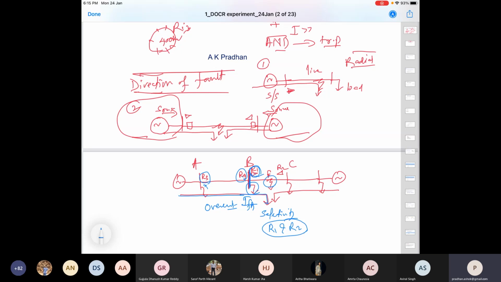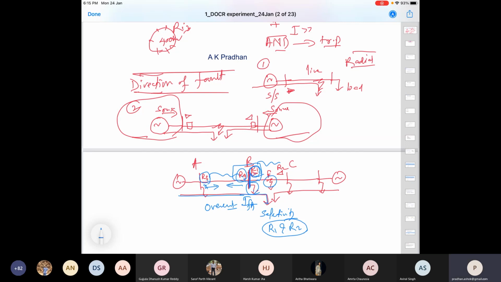R4 sees the fault in this direction and R3 sees it in this direction. What is the purpose? R3 and R4 are meant for this line and R1 and R2 are meant for this line. So even though R1 and R4 see the same amount of current, they should be able to discriminate whether the fault is in the BC section or in the AB section.